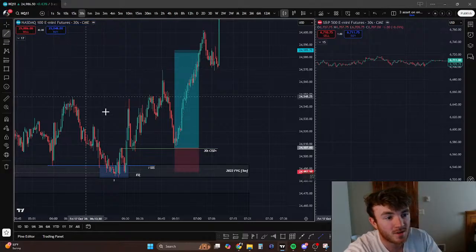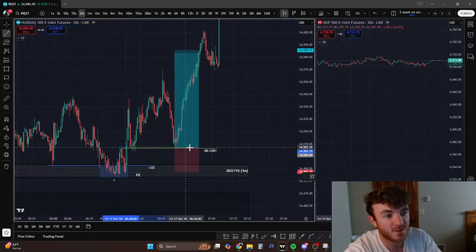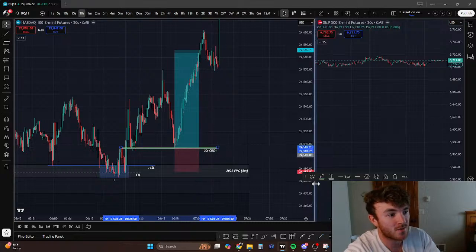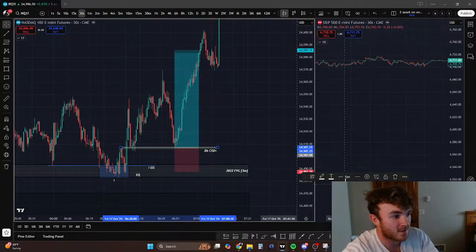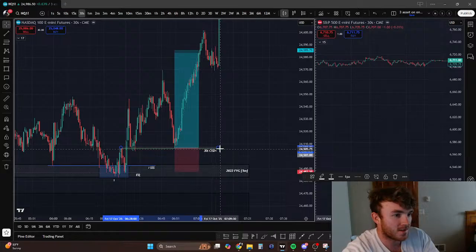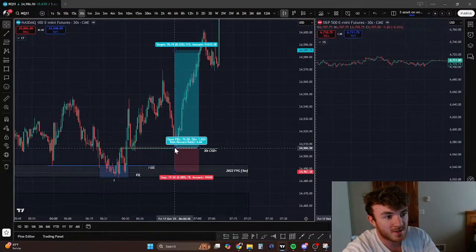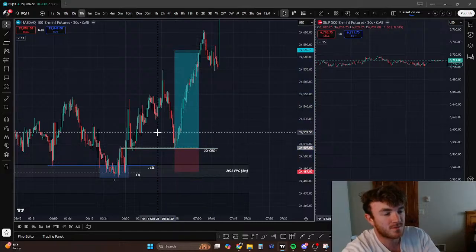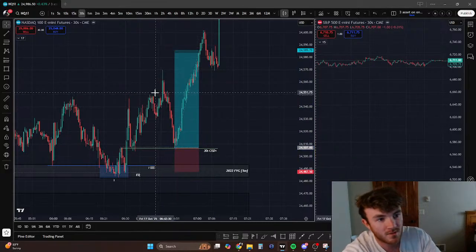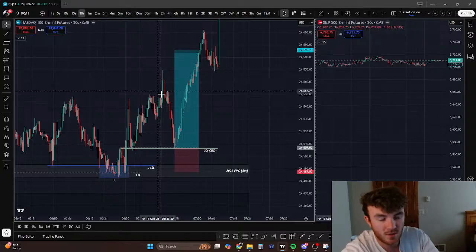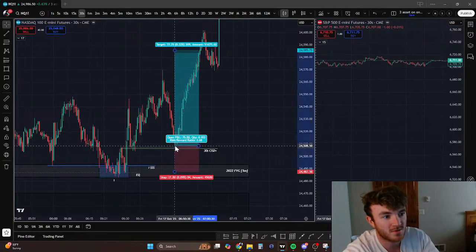Do you prefer closure over retest? If there's obvious draw on liquidity and I know that we're ready to go run it, we don't need to retest it, that's when I enter on close. Because when you enter on a close, the reasoning is we should be going to go run liquidity right then. That's the whole point. Otherwise, you'd wait for a retest, right?